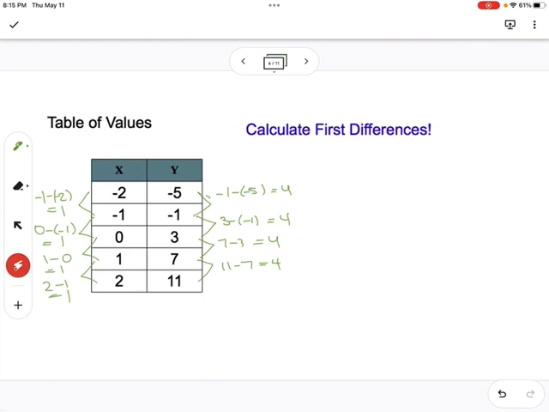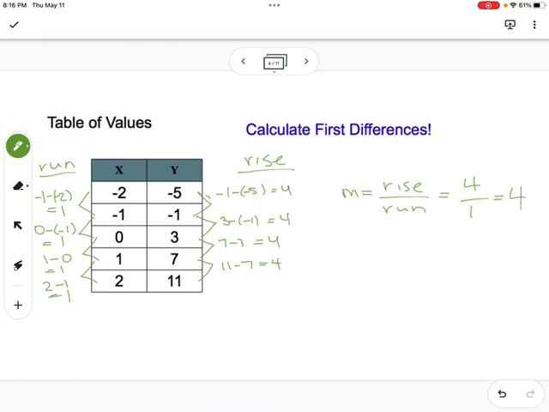Whenever you calculate your slope, it is the rise over run: the y value is your rise, the x value is the run. Our rise we found as 4, our run is 1. 4 divided by 1 is 4.